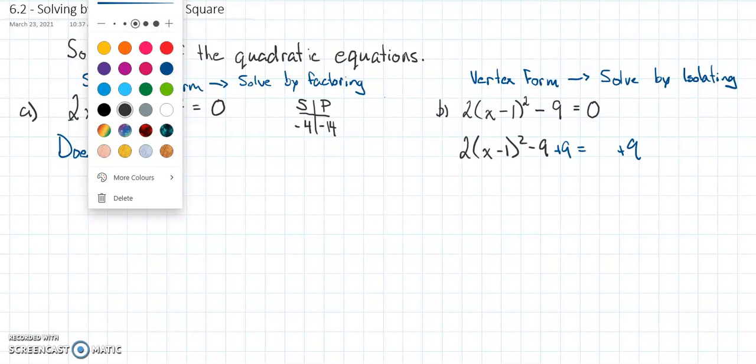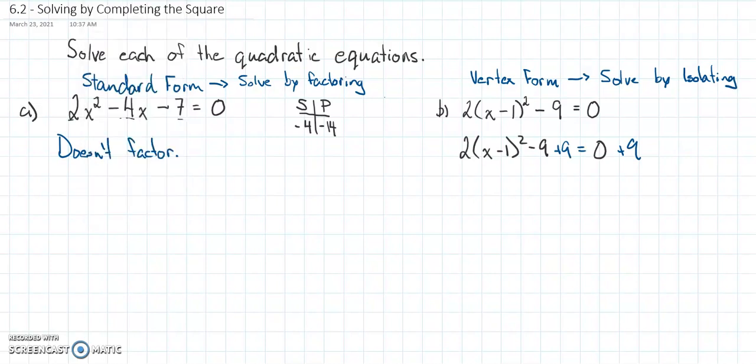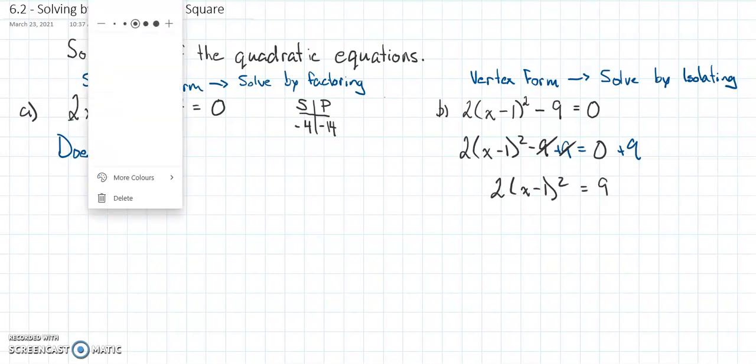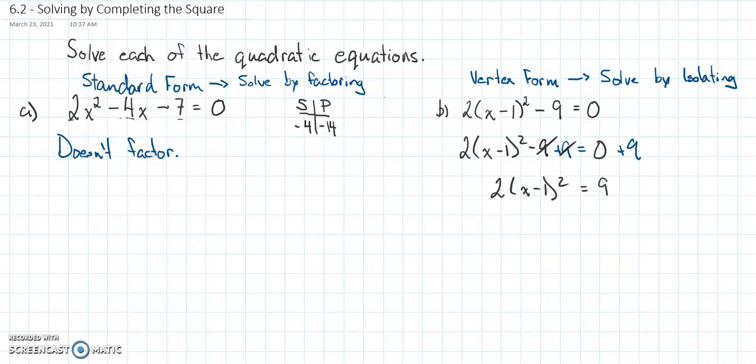Often this step you do all at once so that the 9s go away. Then we have 2 times (x minus 1) squared equals 9. And then we'll divide both sides by the coefficient 2.